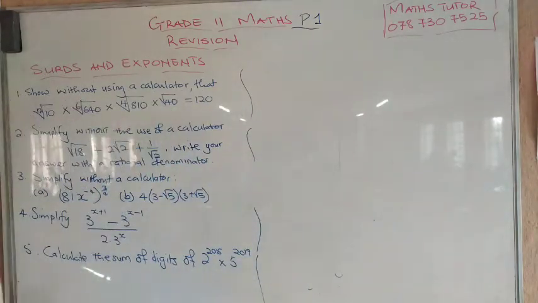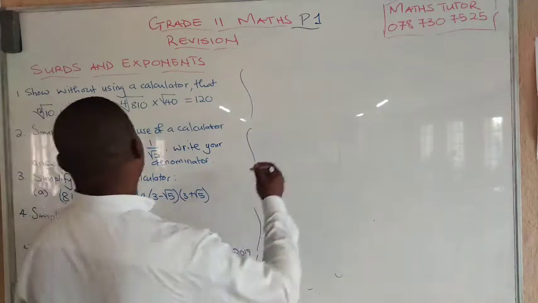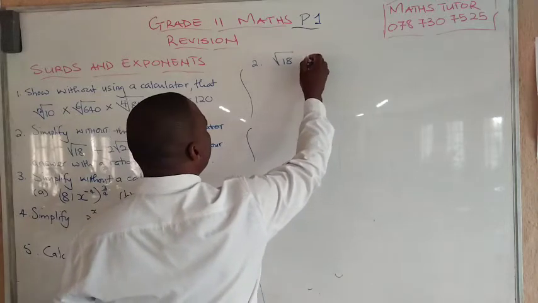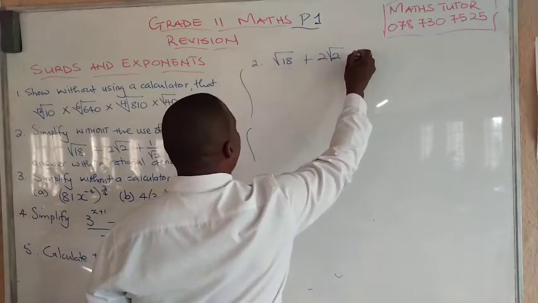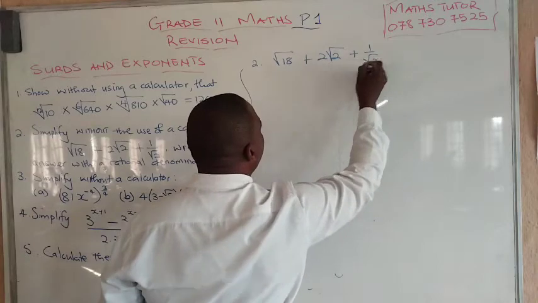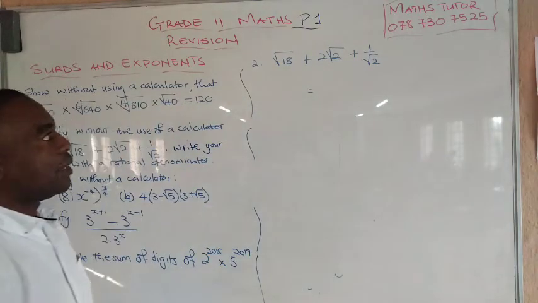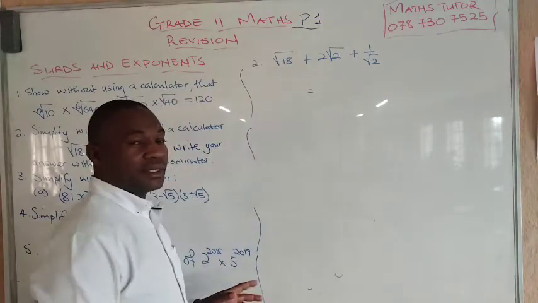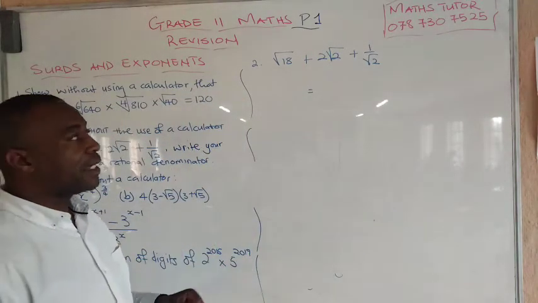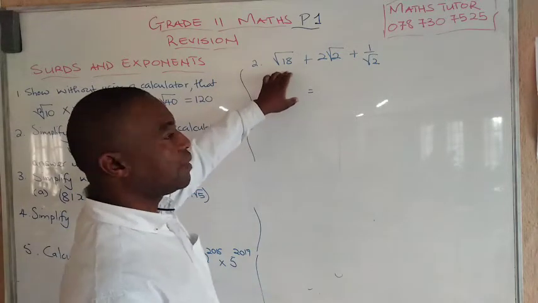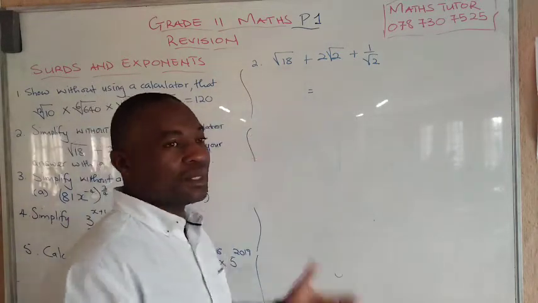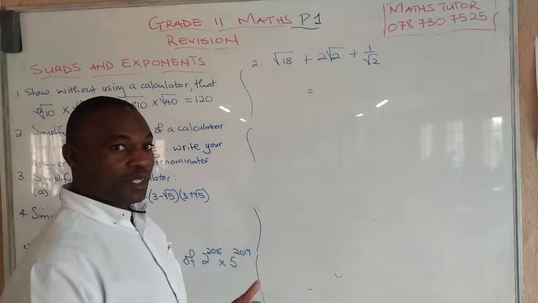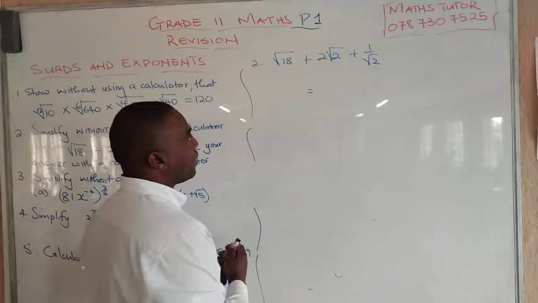The second question, we are asked to simplify without the use of a calculator. Square root of 18 plus 2 root 2 plus 1 over root 2. Now, with surds, if we see square root of 18, it's clear that we must reduce this number, and 18 we know can be written as a product of a perfect square and a prime number.